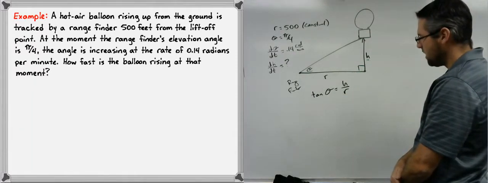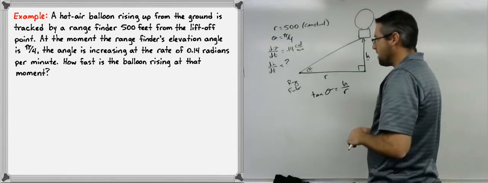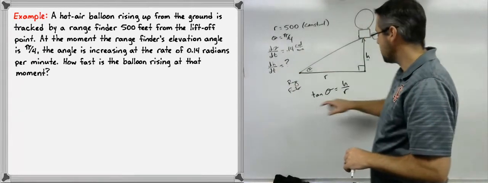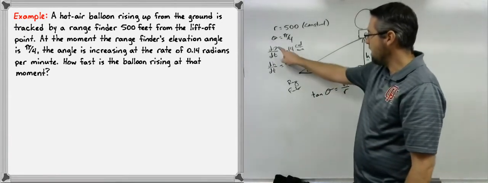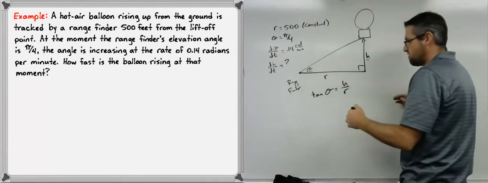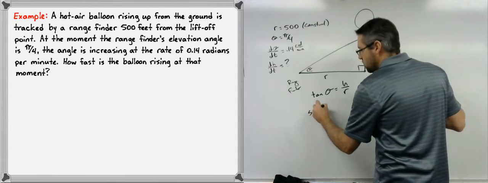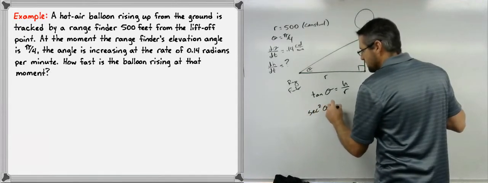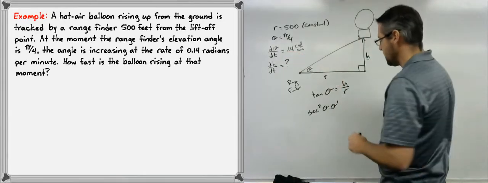Now, how do I deal with this? Well, there's a couple different ways to approach this. I want dh dt, so I have to take the derivative of h, first of all, as a function. And I have d theta dt, so I have to take the derivative of that as well. So let's go ahead and just take the derivative of this. The derivative of tangent theta is going to be secant squared theta times theta prime, or d theta dt.